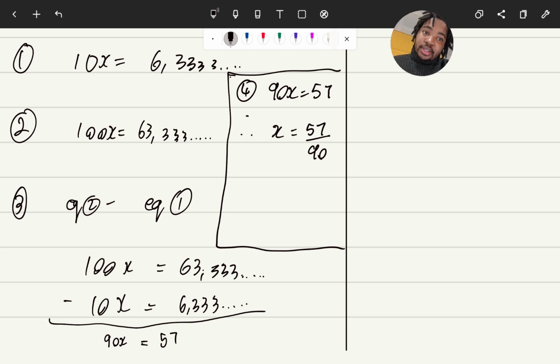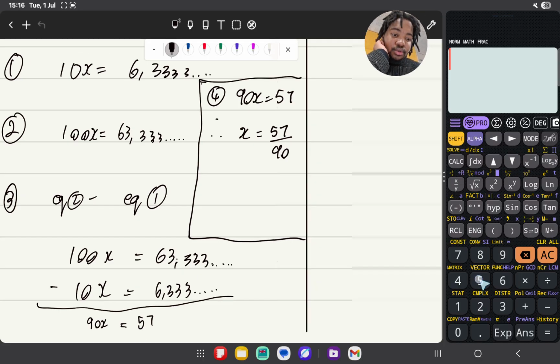I'm gonna get a calculator, and we're going to confirm our answer with a calculator. Cool. So we say 57 divided by 90. Look, 0.6, then 3 starts repeating itself. All right, that was marvelous.